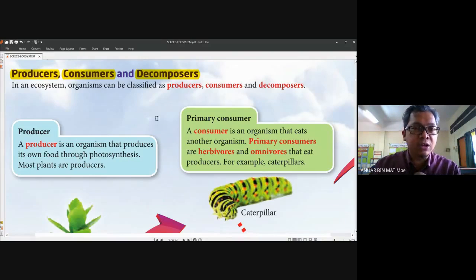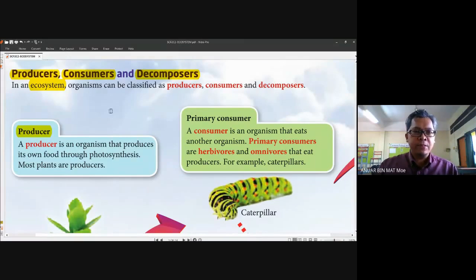Actually it is the role of organism in an ecosystem. So what is ecosystem? Ecosystem is just like the habitat, and then the animal itself, and what it eats, and the interaction. Later we go on to what is the ecosystem. For the first topic, you must understand what is producer, consumer, and decomposer.